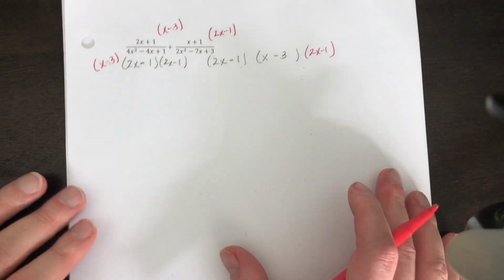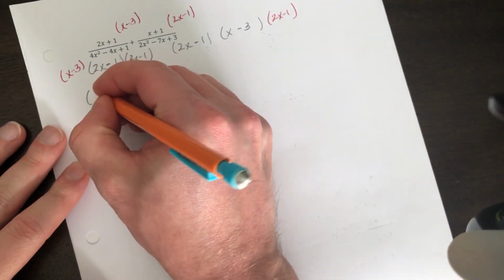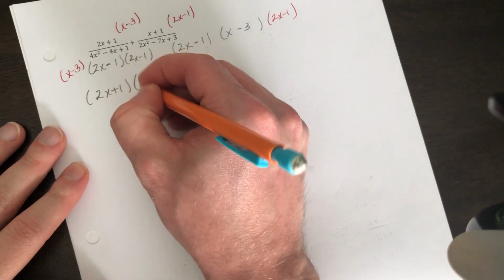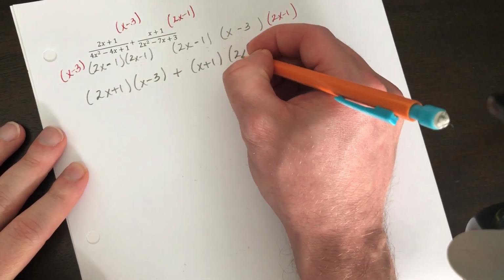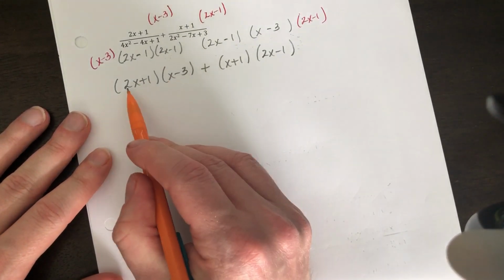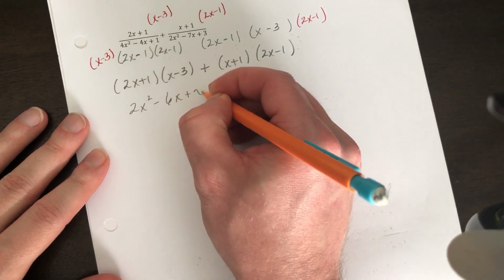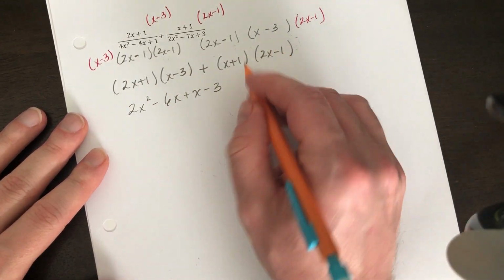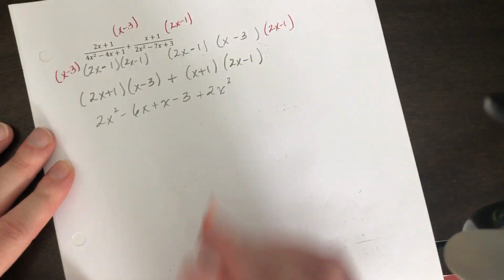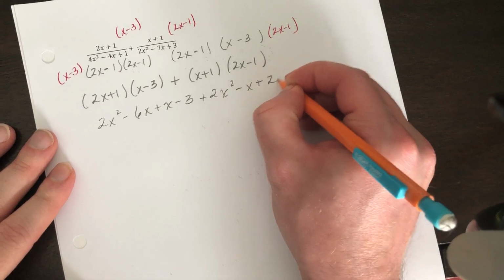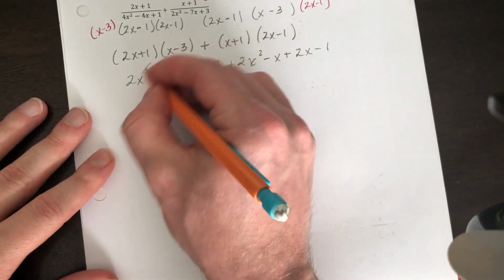Okay, and so what we're going to do is we are going to go through and we are going to FOIL this out and simplify. Okay, so we're going to FOIL this out. 2x times x is 2x squared minus 6x plus x minus 3 plus 2x squared minus x plus 2x and minus 1. We're going to combine our like terms.